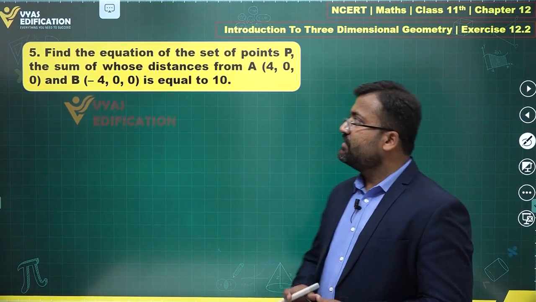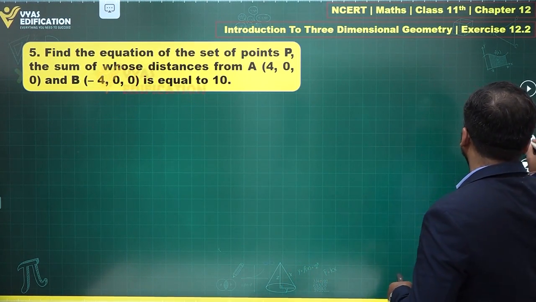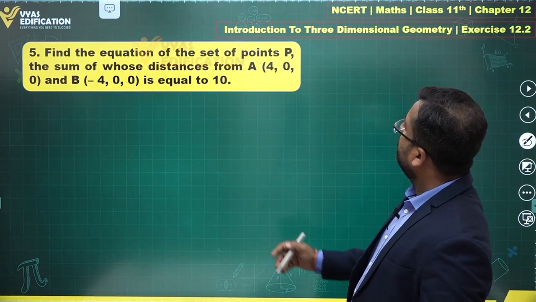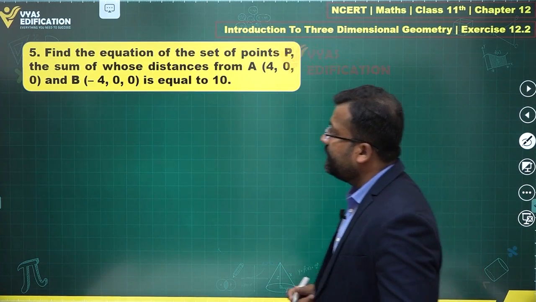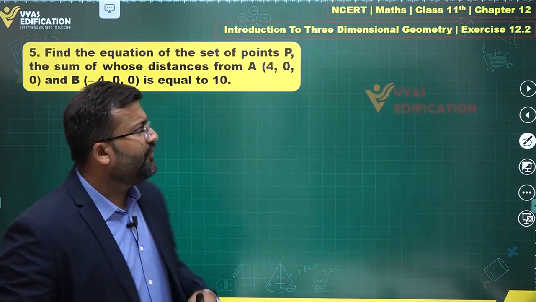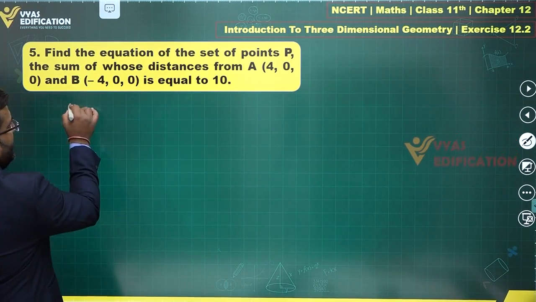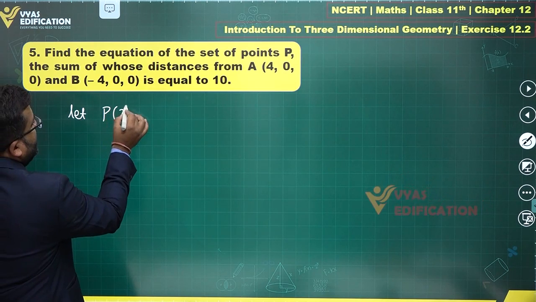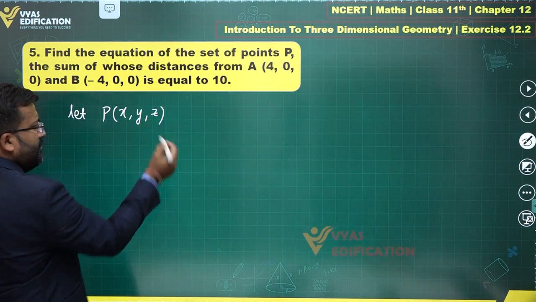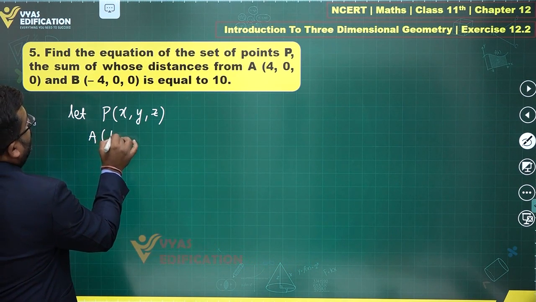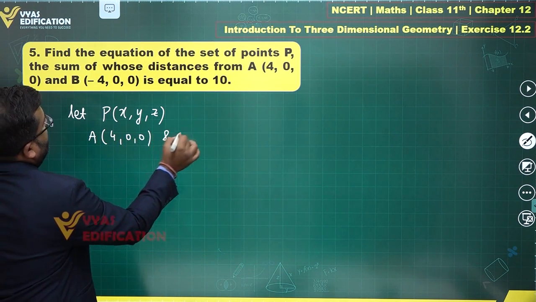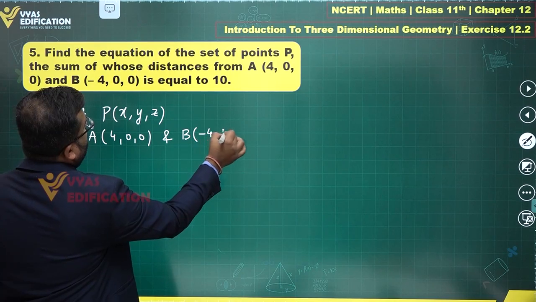Question number 5 says, find the equation of the set of points P, the sum of whose distances from A and B is equal to 10. You want to find the set of all those points P. So let P(x, y, z) be the given point, right? A is already known, 4, 0, 0, and B is minus 4, 0, 0.